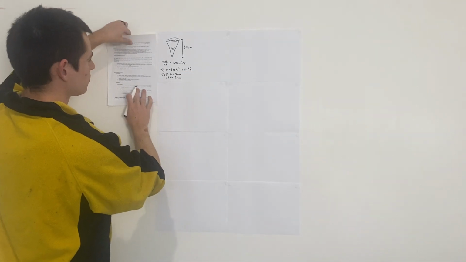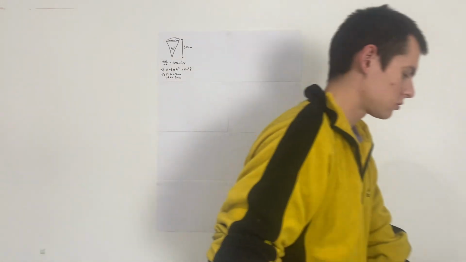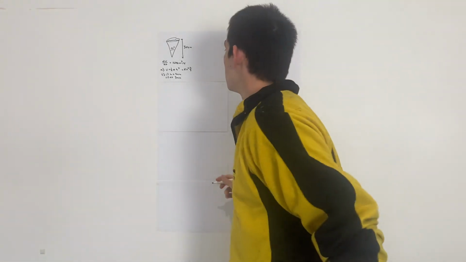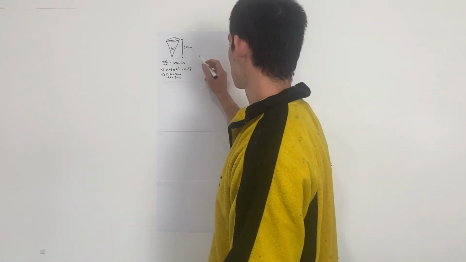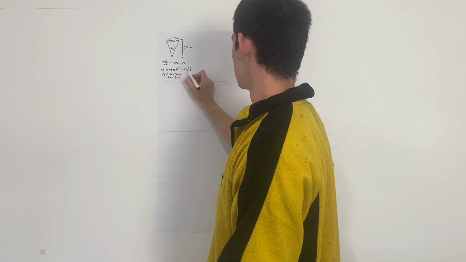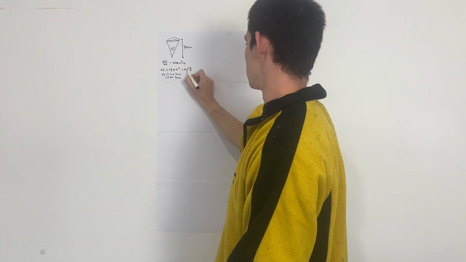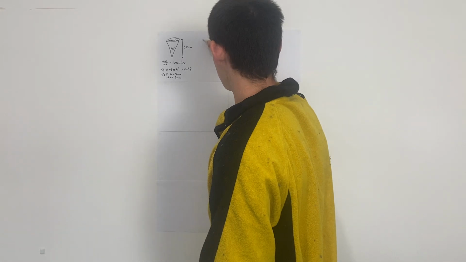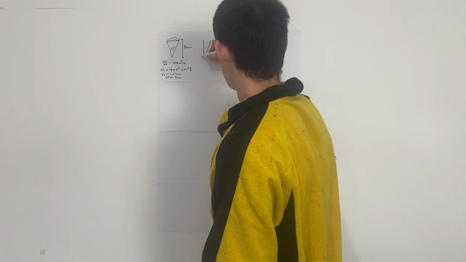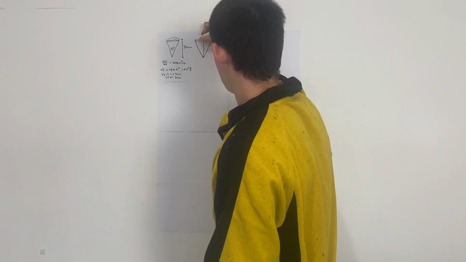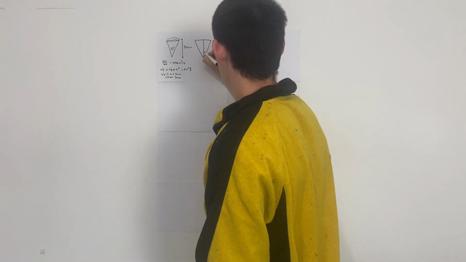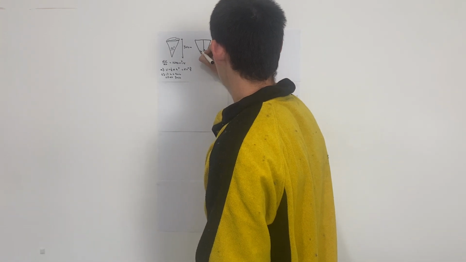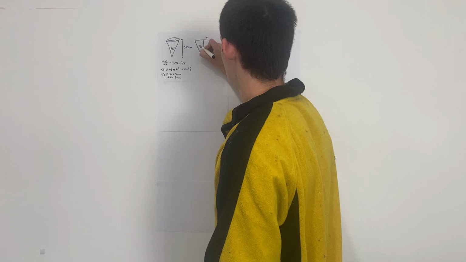Okay. So first thing we want to turn this into this, so we need the radius. We have enough information in the question, so we've got 30, r, and h.